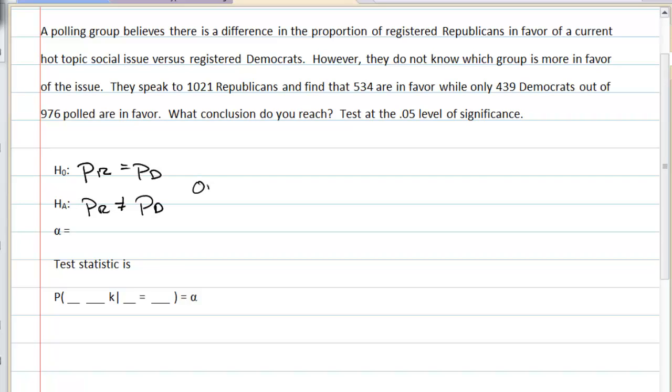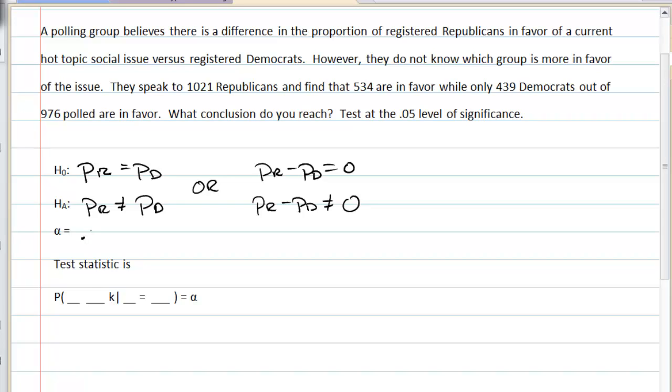Or another way to write this, which I prefer, is to look at the difference. Difference in proportion being 0 under the null versus the difference not being equal to 0 under the alternative. It's two-sided because we don't have an intuition on which one is more in favor. We just want to see if they're different.